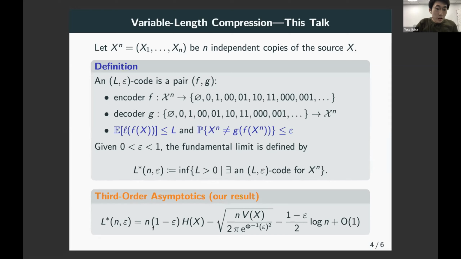The first order term was first proven by Koga and Yamamoto in 2005. The second order term was shown by Kostina, Polyanskiy, and Verdú in 2015. And the third order term is our result in this talk.